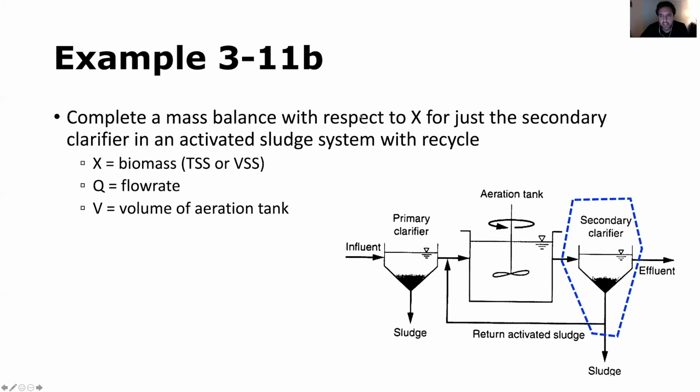So it's going to have the X. We're going to do this mass balance with respect to X. It's going to have the high concentration of mixed liquor, high concentration of biomass from the aeration tank because the microbes grew in that aeration tank. So you've got a high X value coming in, and you've got the X in the return activated sludge leaving this boundary. You've also got the X in the wasted sludge leaving this boundary. And you've got the X in the effluent leaving this boundary.